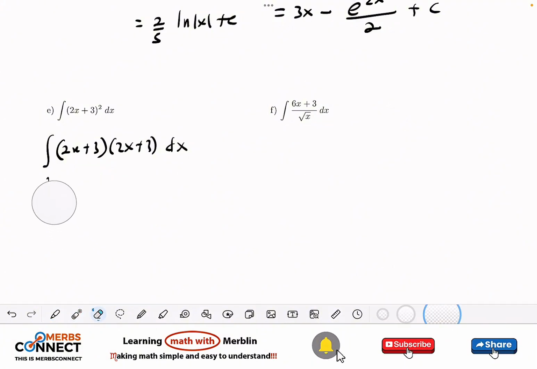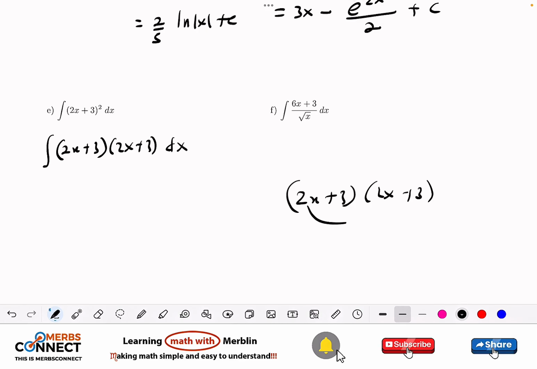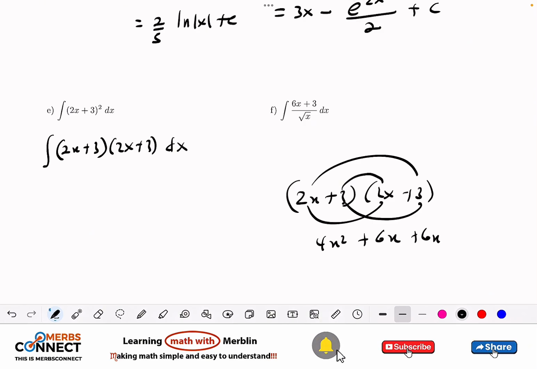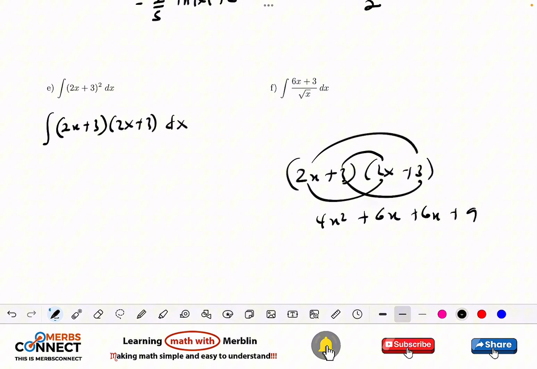So maybe let's do the expansion and bring it there. 2x plus 3, 2x plus 3. This time this is going to be 4x squared, this is 6x, this is 6x, and this is 9. So 4x squared plus 12x plus 9. So this is going to give us 4x squared plus 12x plus 9 dx.